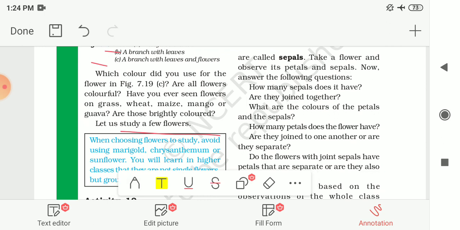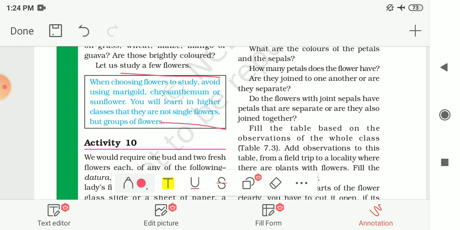When choosing flowers to study, avoid using marigold, chrysanthemum and sunflower, because in higher classes you will learn that they are not single flowers, they are a group of flowers. So avoid taking examples of this kind of flowers.